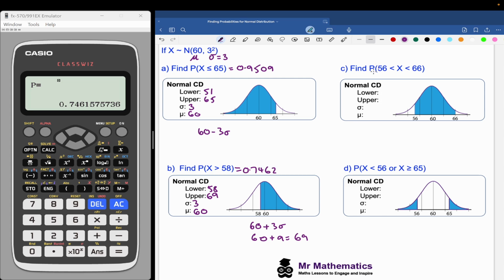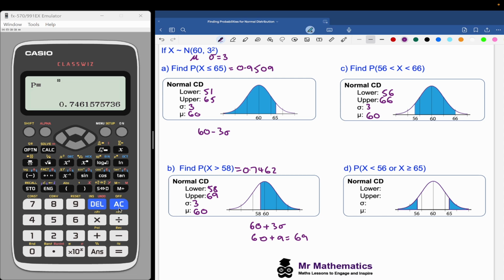So now we want to work out the probability where x is less than 66, but greater than 56. So you can see the 66 is now our upper limit, and the 56 is now our lower limit. So we'll enter 56, 66, and we'll keep sigma and the average the same.